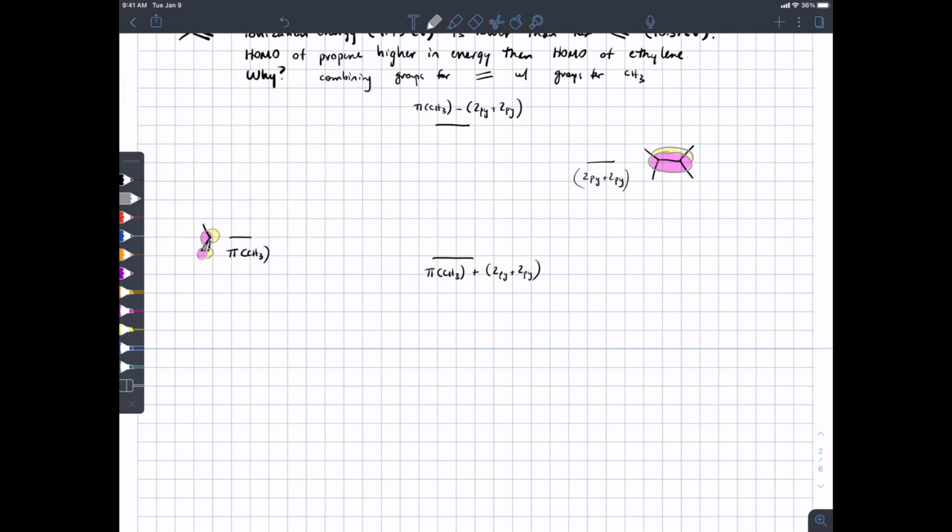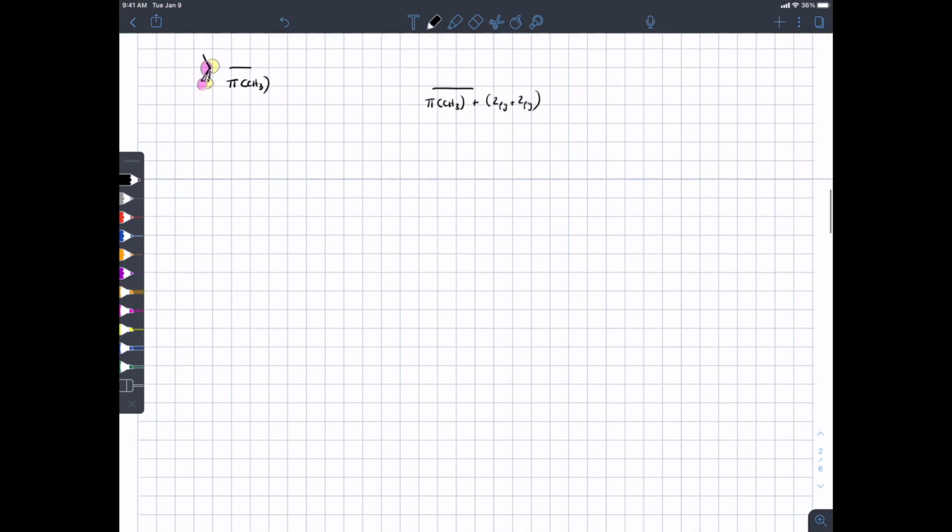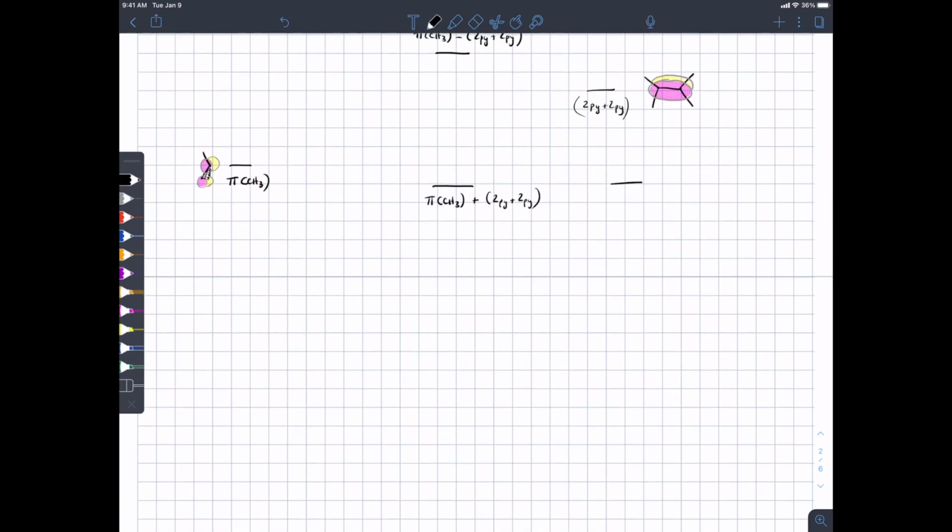If I drew these, what would it look like? Well, this gets a little bit tricky. This is the in-phase combination.